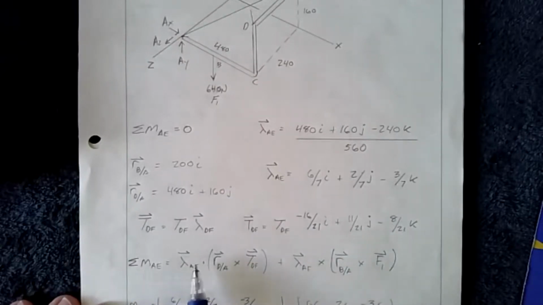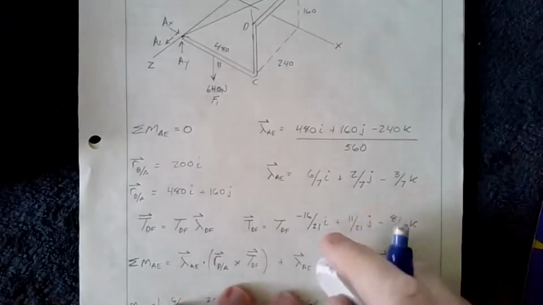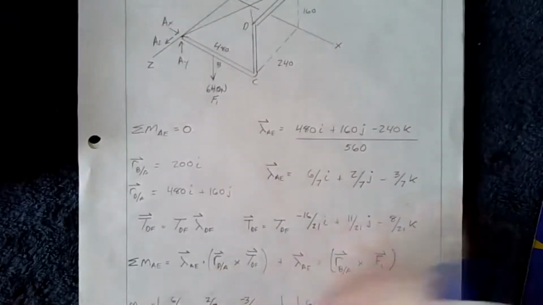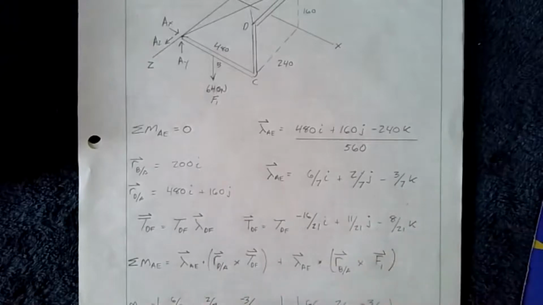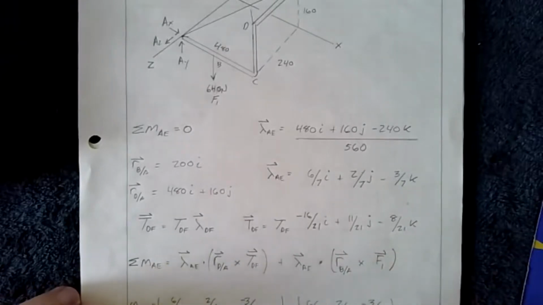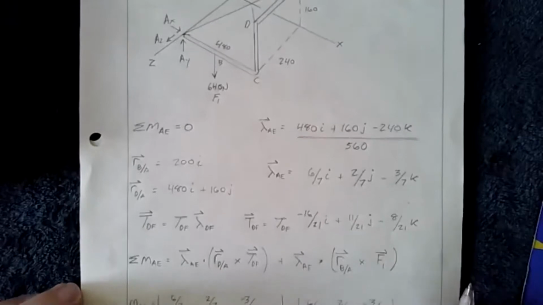So the moment about AE: lambda AE, dotted with RD relative to A, crossed with TDF, plus lambda AE, not crossed, sorry, it's a typo. So glad I caught that. It's definitely not a triple. There you go, dotted with RB relative to A, crossed with F1.